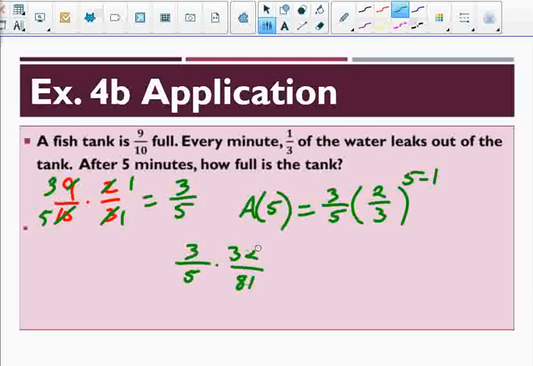I made a mistake on this one. It shouldn't have been 2 to the 5th power. It should be 2 to the 4th power, which would give you 16. So 2 to the 4th power would be 16. Now I just multiply straight across. But before I do that, I can do some simplifying. I can simplify 3 and 81.